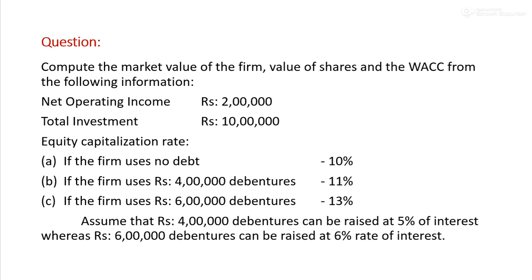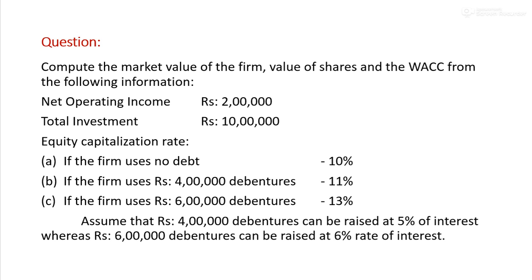The question is: compute the market value of the firm, value of shares, and the weighted average cost of capital from the following information. Net operating income rupees 2 lakh, total investment rupees 10 lakh, equity capitalization rate if the firm uses no debt 10%.